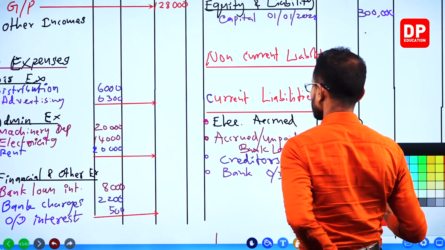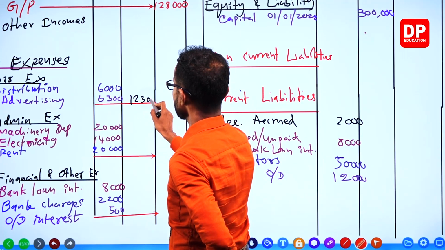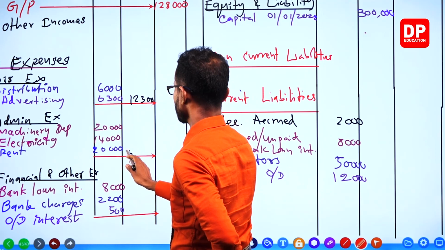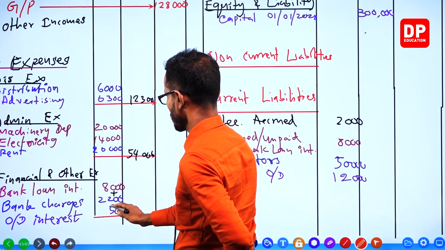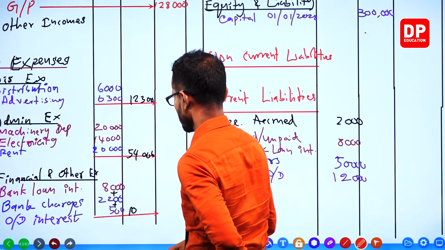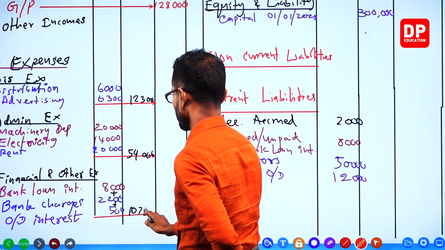Let's take them. 12,300 here, 54,000 here, 10,000, 700 here.